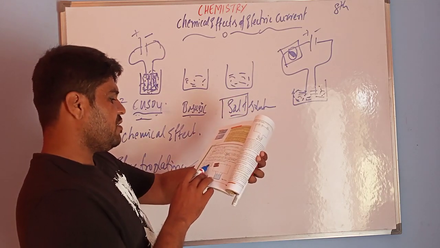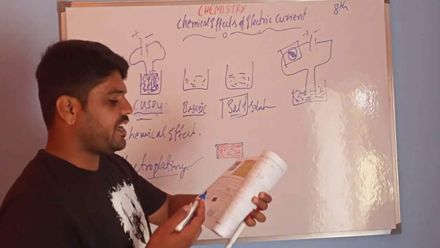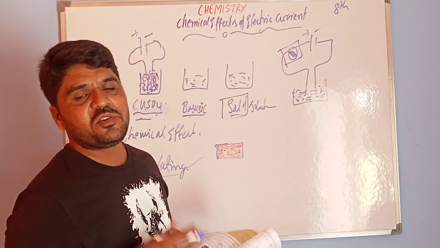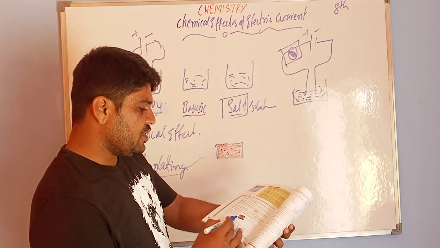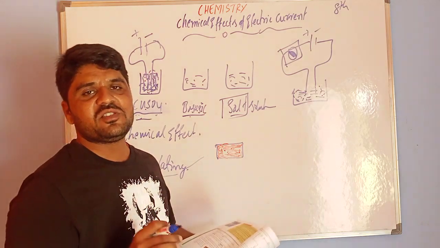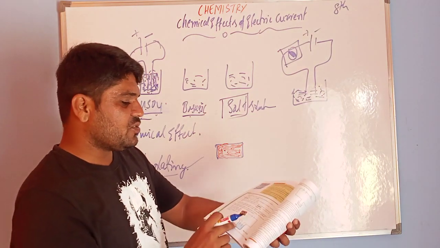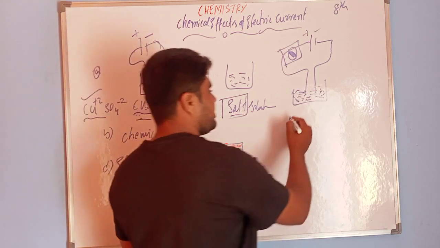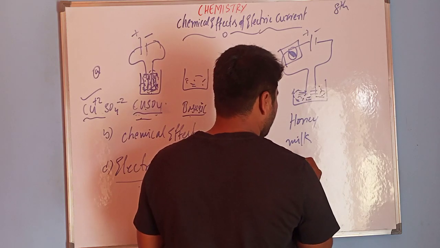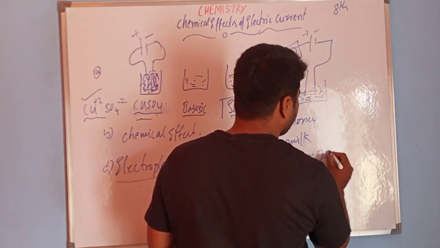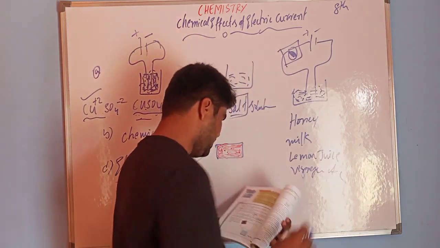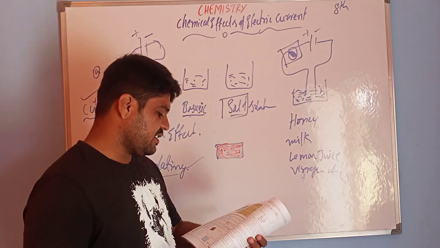When you use this magnetic compass, weak electricity is passed through these liquids. Those liquids are honey, milk, lemon juice, vinegar, etc. This is the answer for the third question.